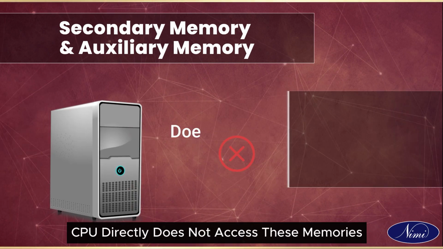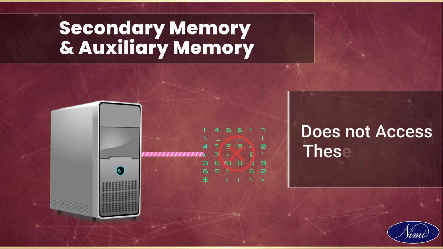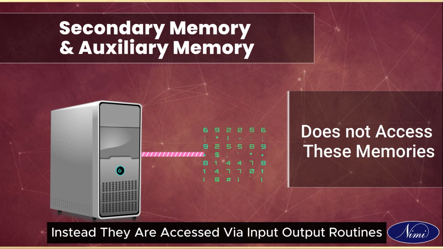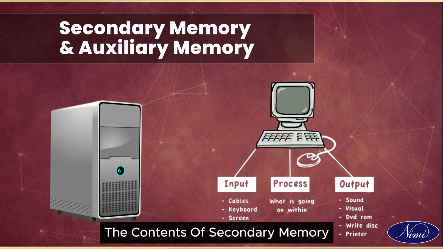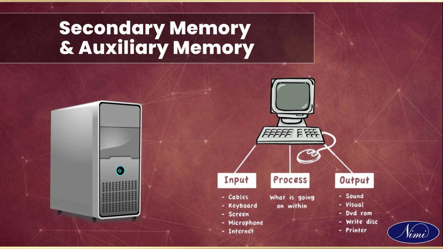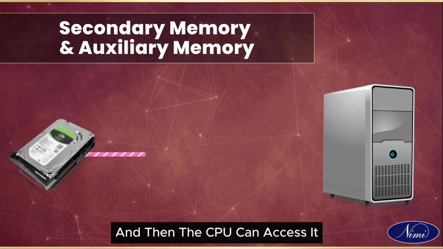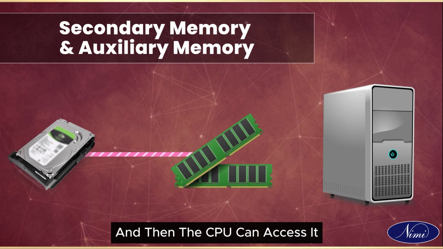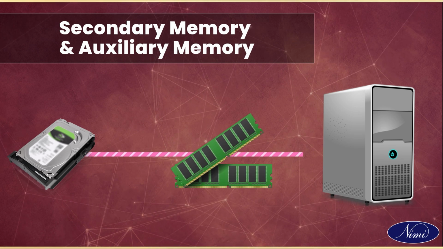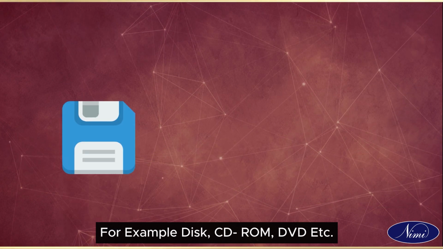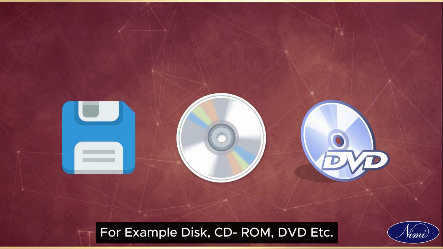The CPU does not directly access these memories. Instead, they are accessed via input-output routines. The contents of secondary memory are first transferred to the main memory, and then the CPU can access them. For example, disk, CD-ROM, DVD, etc.